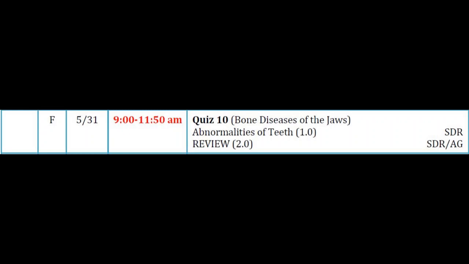The first one is called amelogenesis imperfecta. What does the word amelogenesis mean? Enamel formation. So this is a genetic disease that produces imperfect or altered formation of enamel.